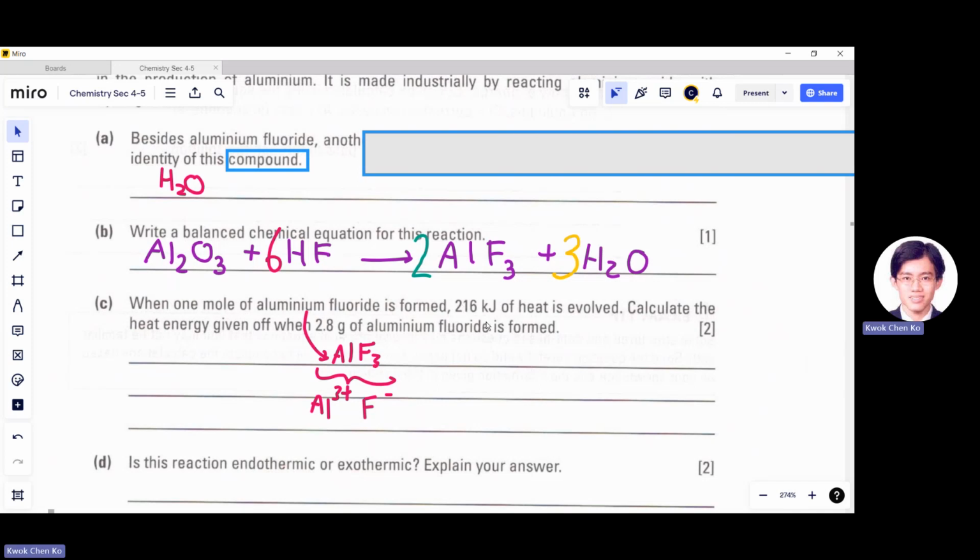Now, as Ming Ting mentioned, the answer for this is 7.2. Make sure you have your units there. You managed to get 7.2? You need to find out the number of moles. How many moles is that, Ming Ting? 1 over 30.